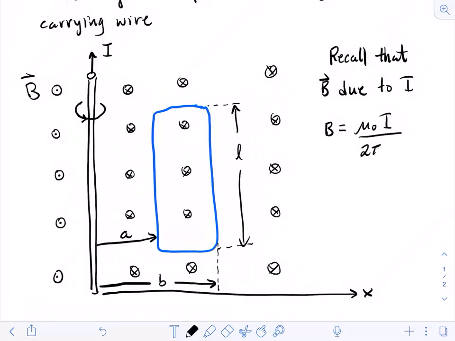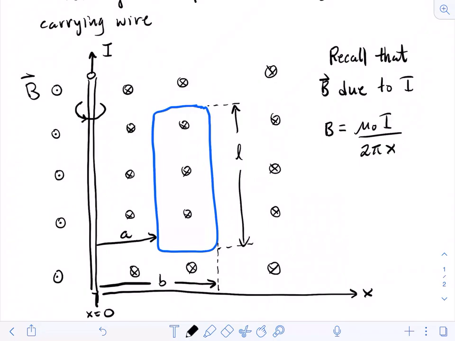What we would find is B would have a magnitude of mu naught I divided by 2 pi x, where x is the distance measured from the wire. So over here at the wire is x equals 0.